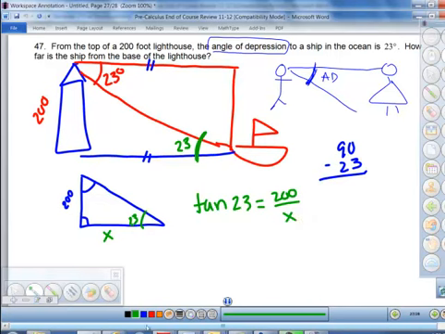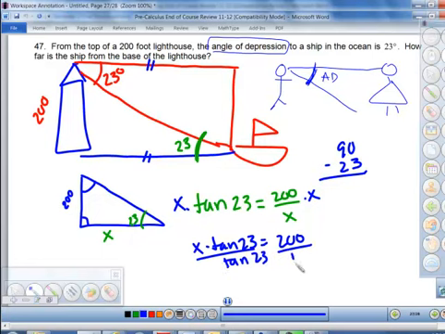Now if I want to get x by itself, I have to do some manipulation here, where I'm going to basically cross multiply, or multiply both sides by x. And so I have x times tangent of 23 equals 200. And then I'm going to divide this side by tangent 23. And then this is what I need to punch into my calculator.